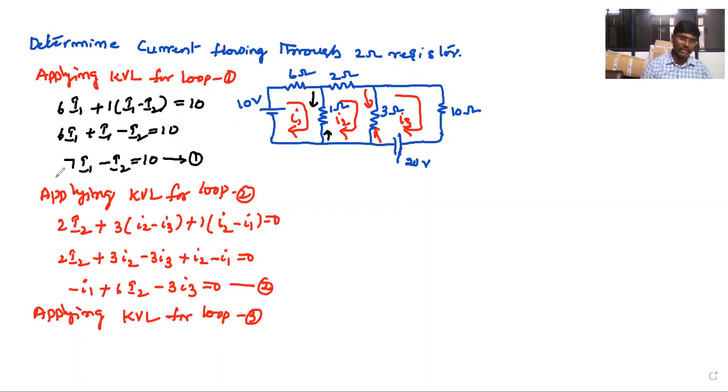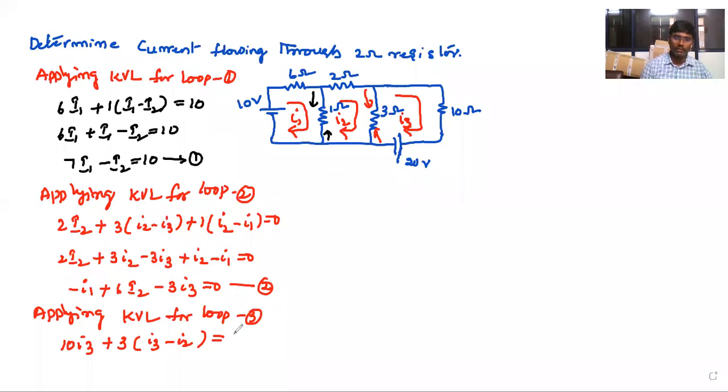So 10 into I3 plus 3 into (I3 minus I2) is equal to 20. Okay, what is the sign for 20?